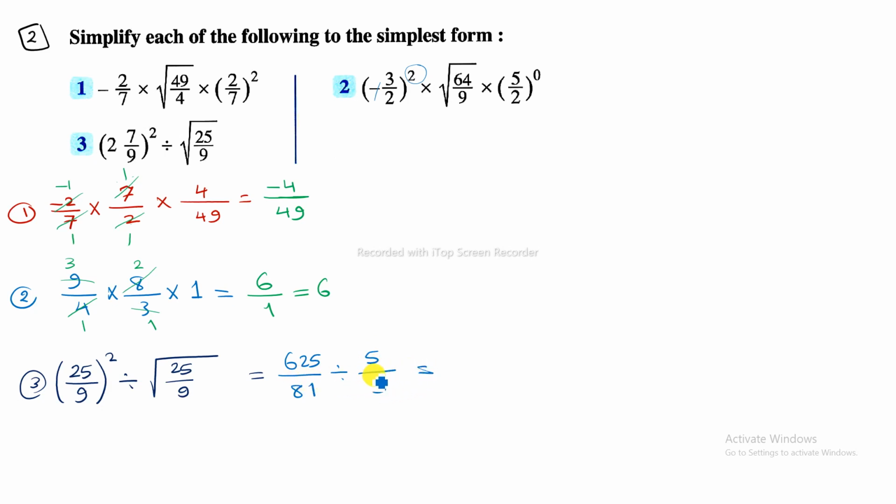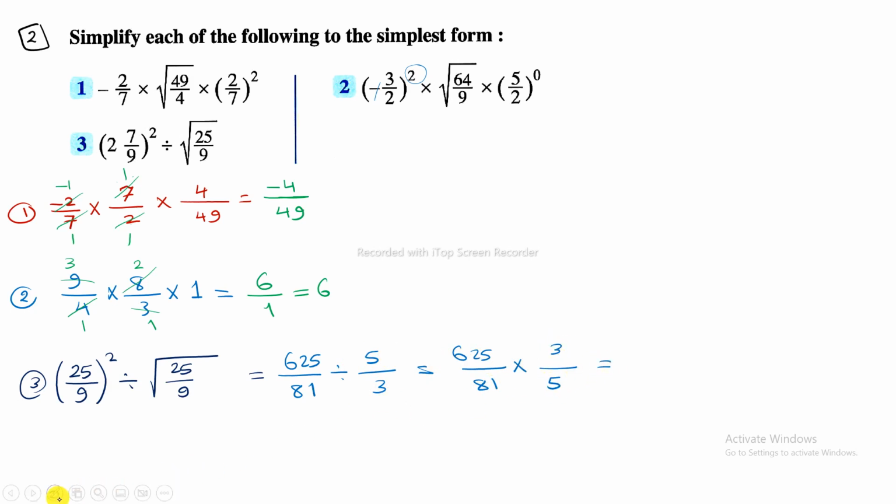Then we have dividing fractions, so we multiply: 625 over 81 multiplied by the reciprocal of 5 over 3, which is 3 over 5.